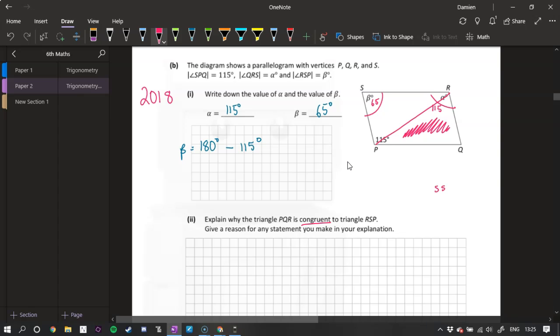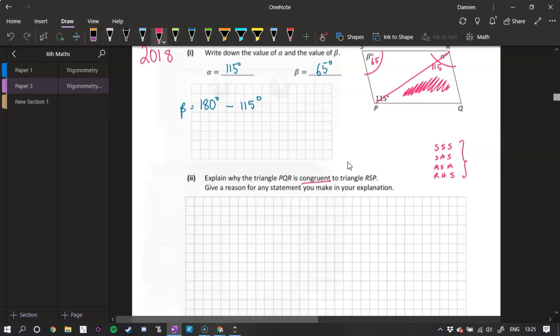Congruency is side, side, side, side, angle, side, angle, side, angle, and RHS for right angle, hypotenuse, and side. So it's got to be one of these that it probably obeys. There's loads of different ways you can go through this in a parallelogram.